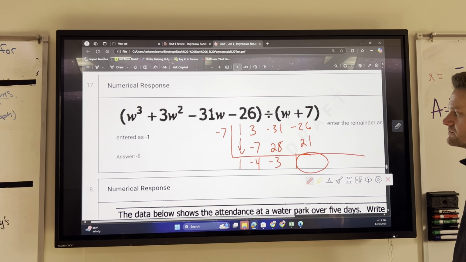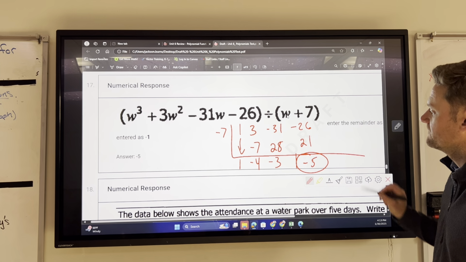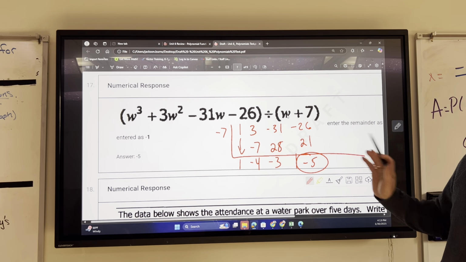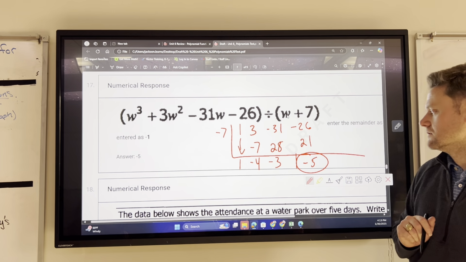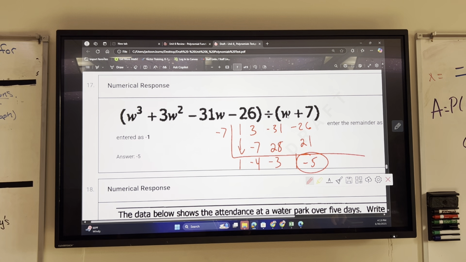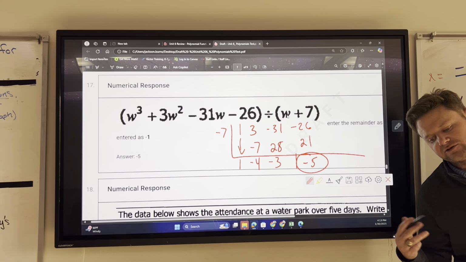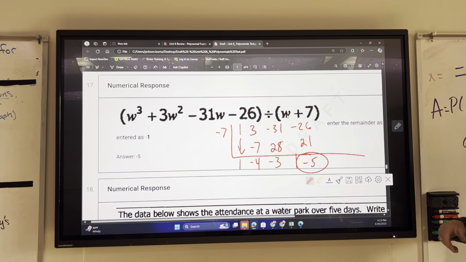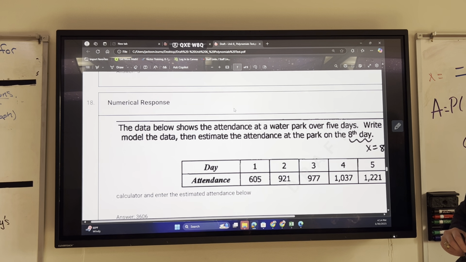Negative 26 plus 21 is negative 5. And negative 5 is your remainder. It is your answer on this one. So, quick little synthetic division. If you can do that factoring of leading coefficient and do your synthetic division, you should do really well on this test. All right, we can go to the next one.